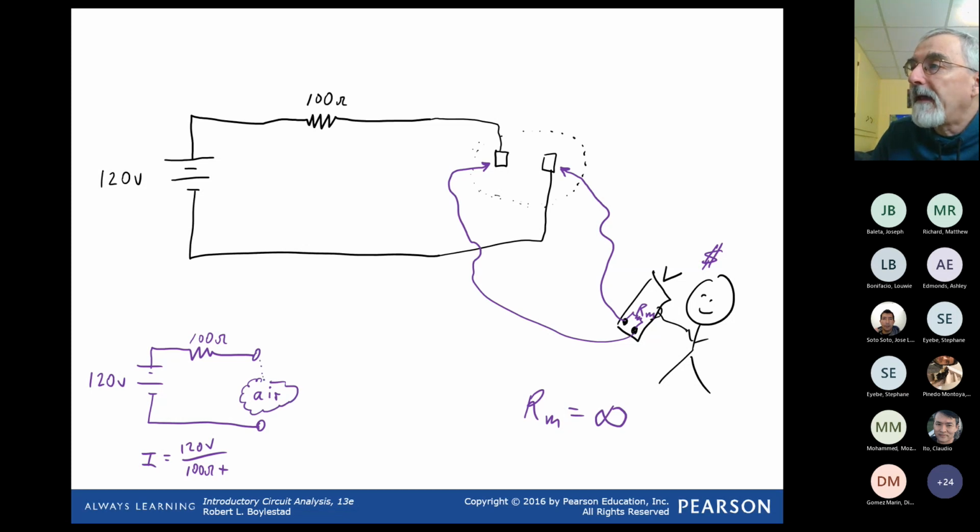And the resistance of the air is infinity. So we end up with 120 volts divided by infinity, giving us 0 amps. So I equals 0 amps.